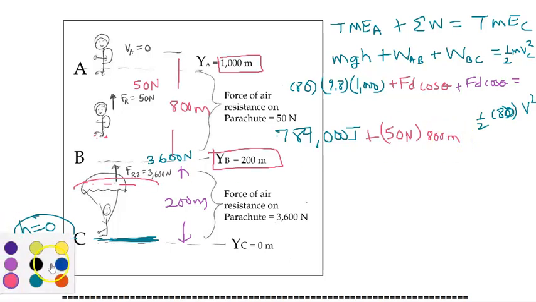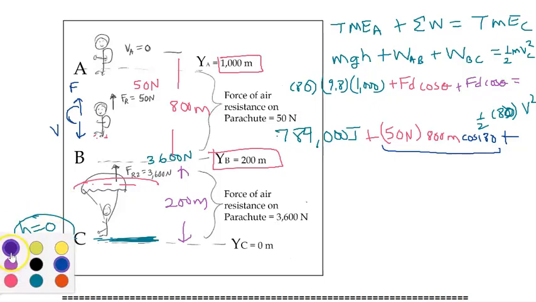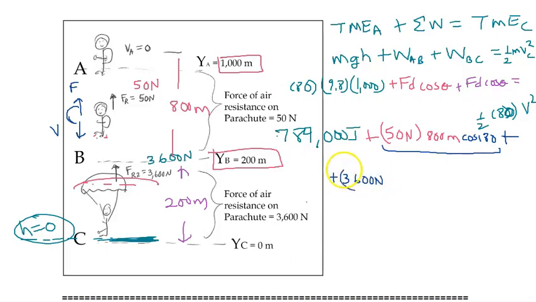And then the person is going down, but the force is up. And the angle between the force and the motion is 180. Okay, so that is the work done from A to B. And then from B to C, the force jumps up to 3,600 newtons.